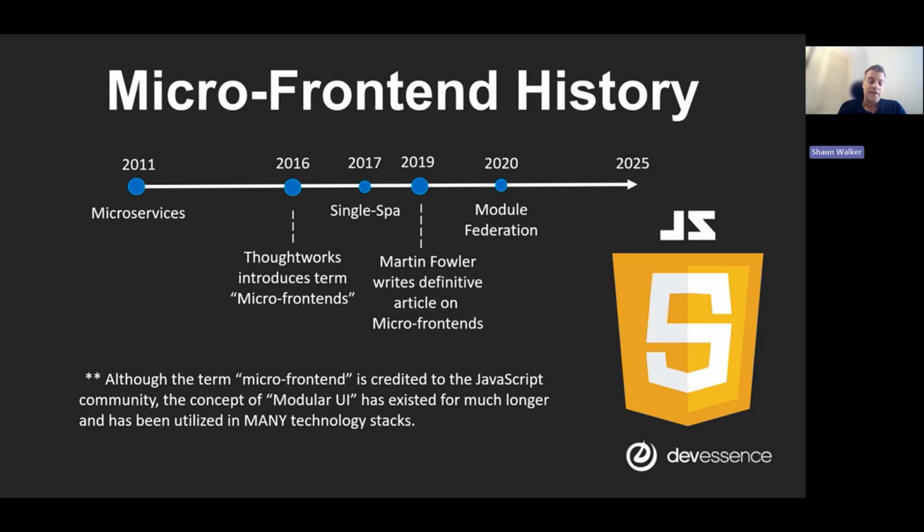The idea behind Single SPA is it tried to solve some of the initial problems that were identified around micro-frontends and around breaking the front end of an application down into smaller parts so that they would work effectively. In 2019, Martin Fowler, who is one of the founders of ThoughtWorks, wrote a fairly definitive article on micro-frontends, which brought it more into the mainstream.